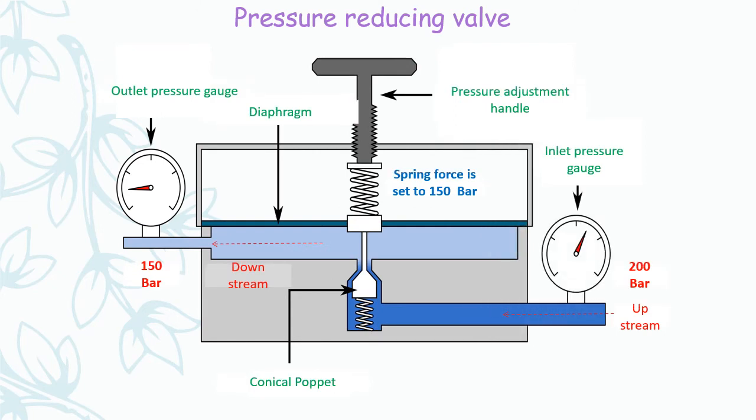Now let's see a pressure reducing valve by taking an example. Say a pump has a pressure of 200 bar at the upstream as shown, and we want to maintain a pressure of say 150 bar in an actuator.